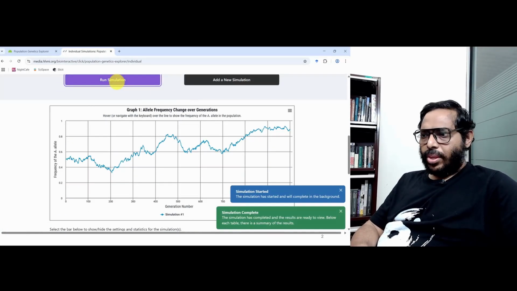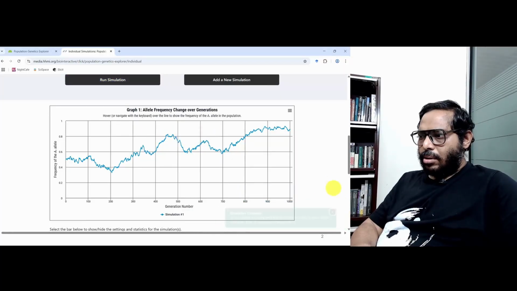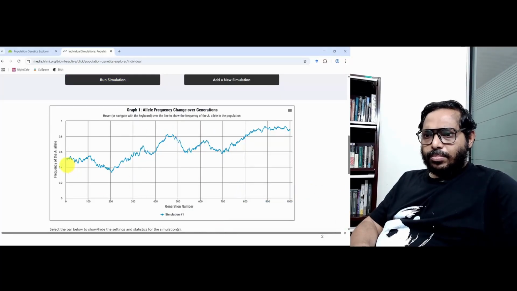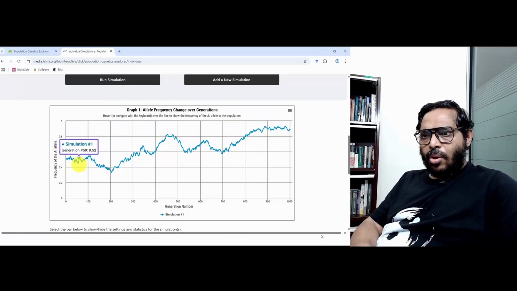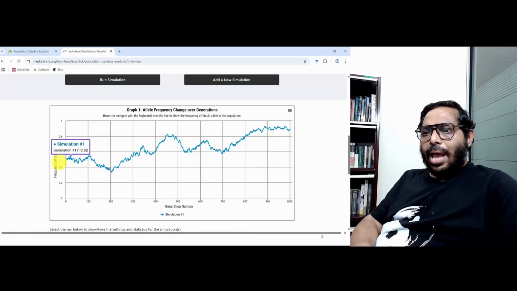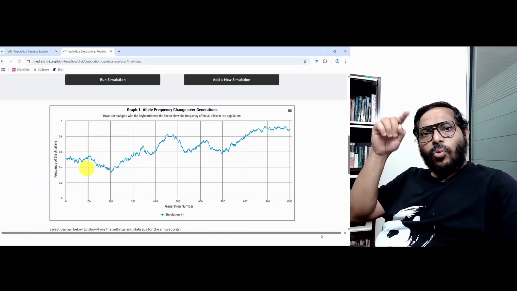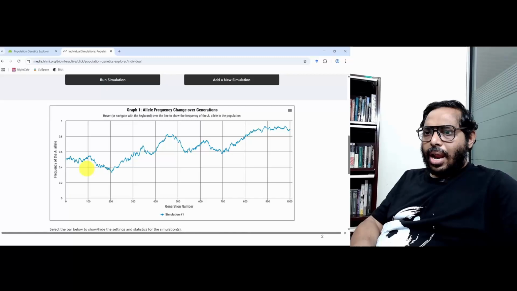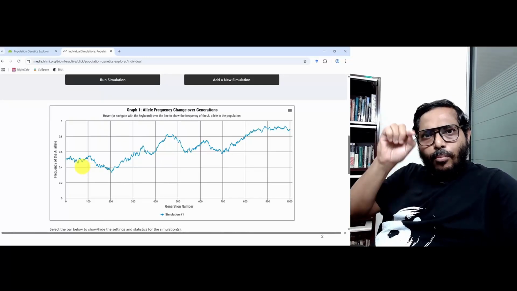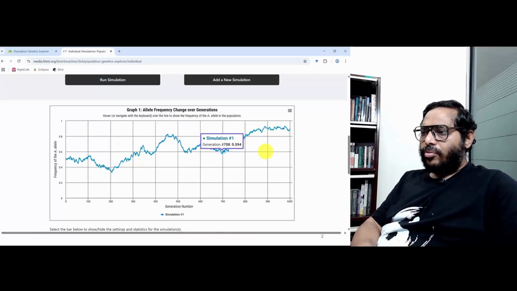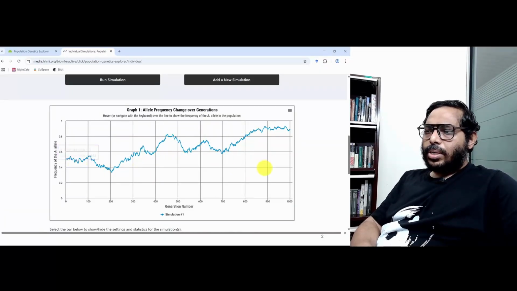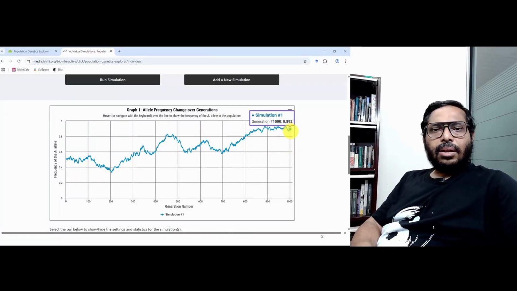What do we see now? We see two things. A, in this particular case, if you look at how much things are changing in the small time frame, going from one generation to another, the magnitude of those changes has gone up, and that is why the line is looking more jagged. And if you look at it again, there is a lot of bouncing around. In this particular case, it has ended up settling at a value which is quite a bit away from 0.5.